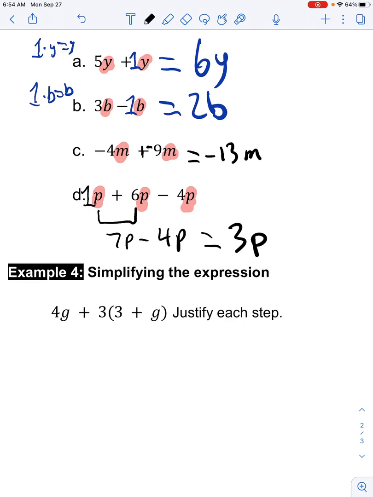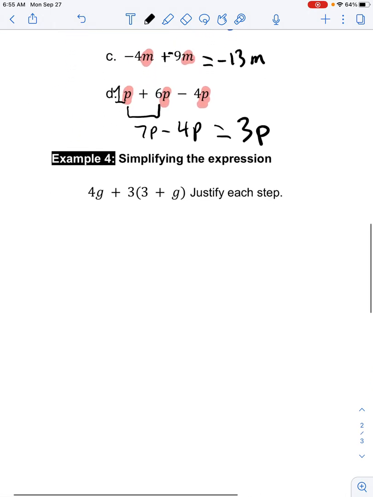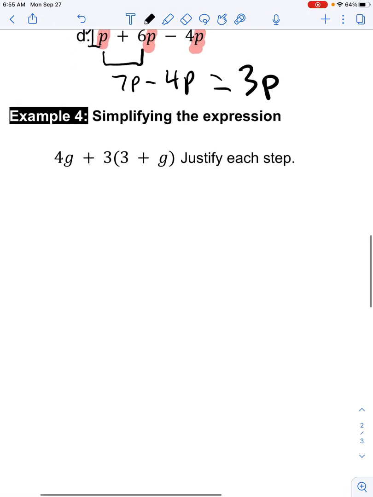Okay, our last example is going to be simplifying a little more complicated expression. And again, it says justify each step. First thing I need to do is I look inside my parentheses and I don't know what g is, so I can't do anything inside parentheses, but I can use the distributive property.